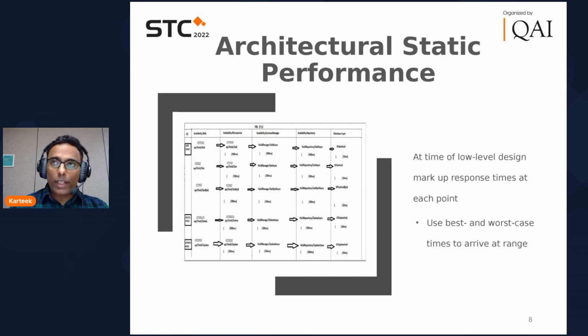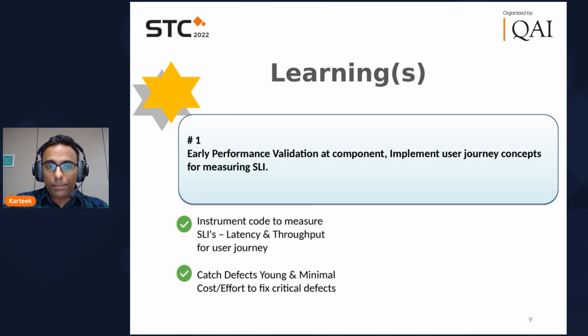We are still in the definition stage of it. From these two activities, what we learned is we did not have the proper instrumentation to measure the items at a unit level. So we went back and added the instrumentation.